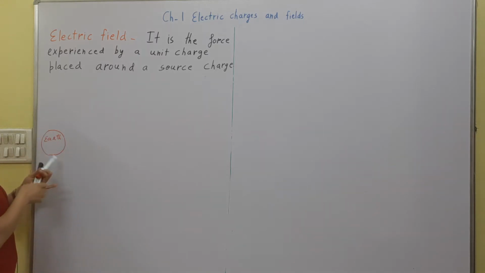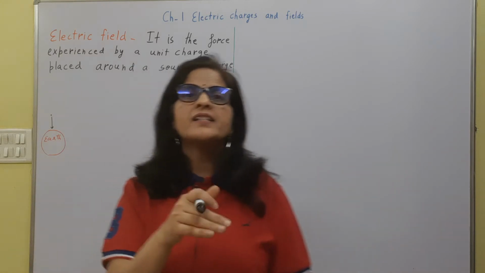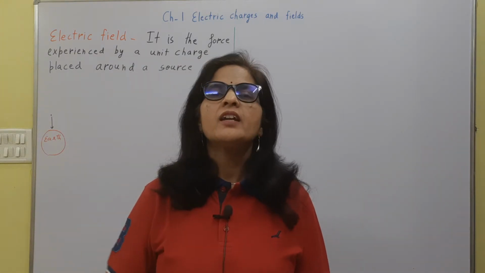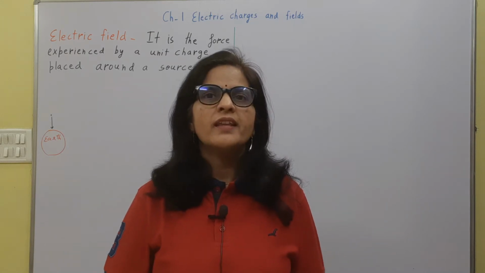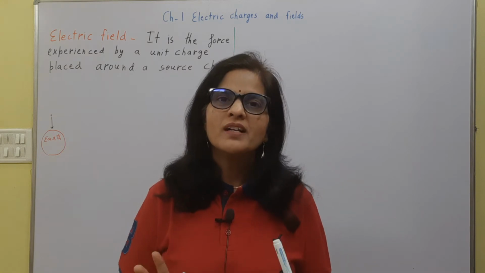We know that if we place any object here, this object will fall towards it, right? But how much force will it exert on every object? To know that, we must know how much force it exerts on unit mass.